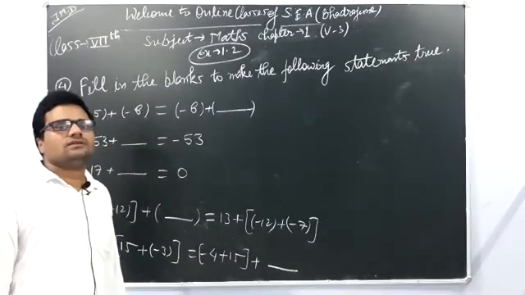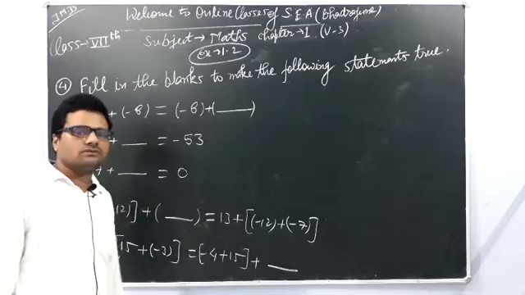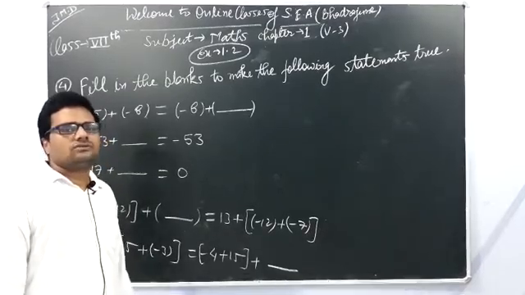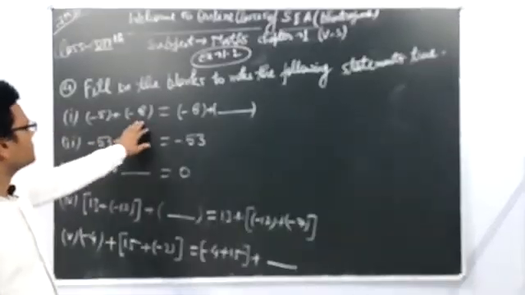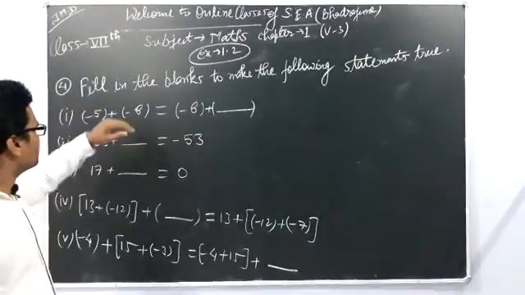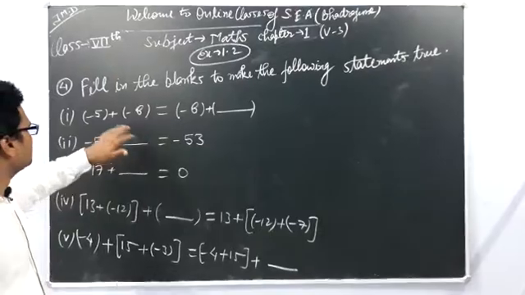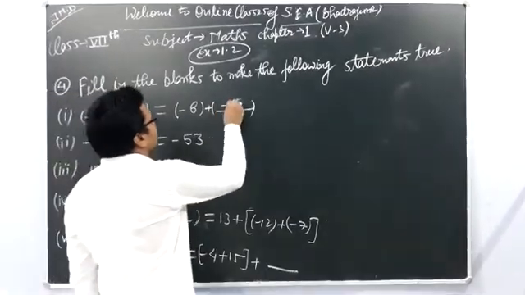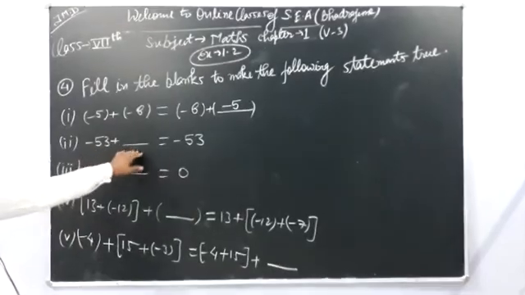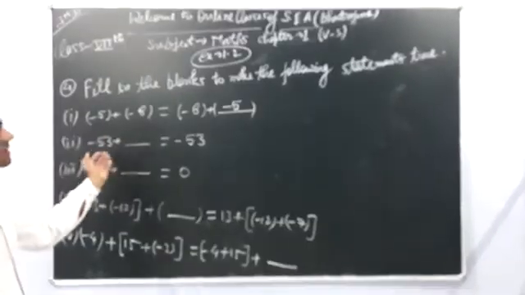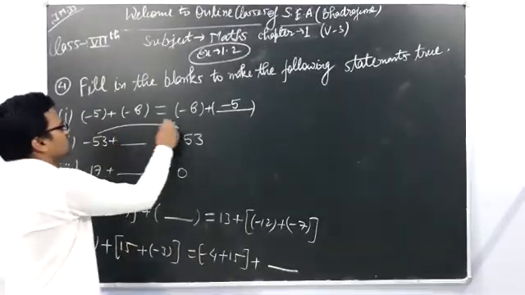We can add the given integers in any order and our result will be the same. So this is -8, and -5 is lacking, so we write -5 here.